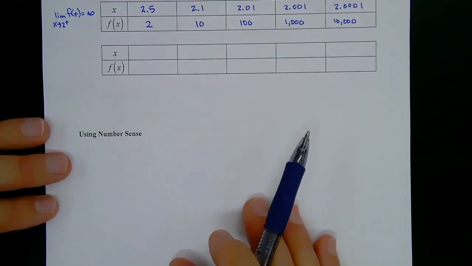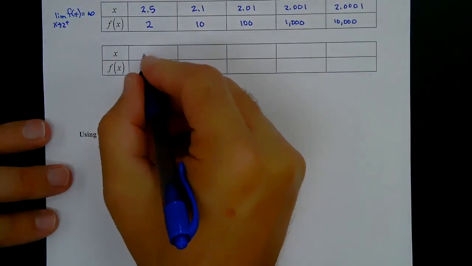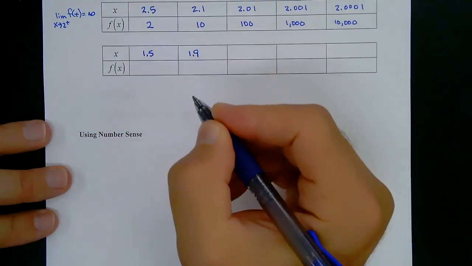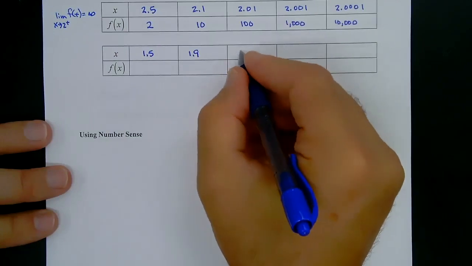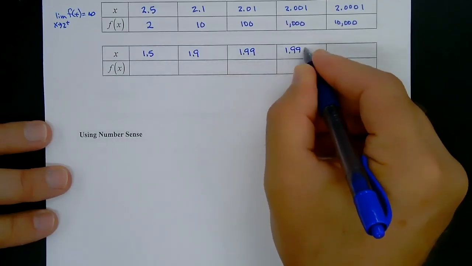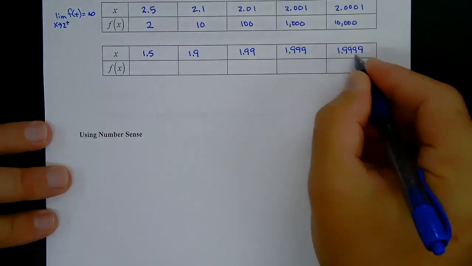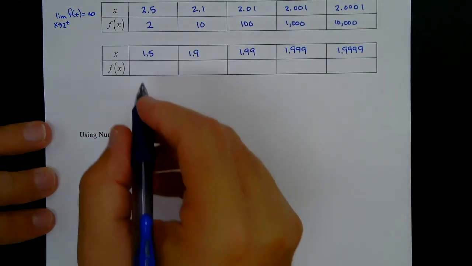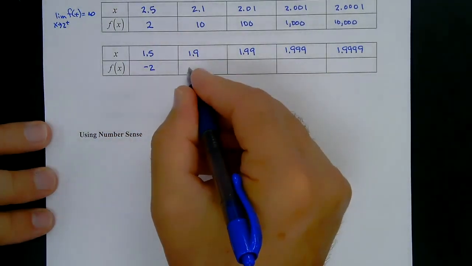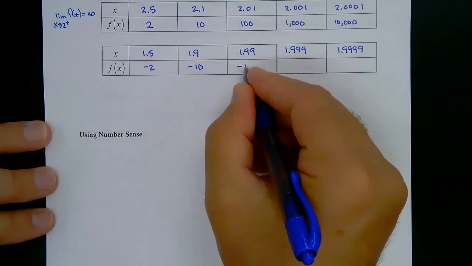Okay, let's make x go to 2, but from the left side. So that would be something like this: 1.5, 1.9, 1.99, 1.999, and then 1.9999. Usually 4 places is enough, okay? At 1.5, it's -2. At 1.9, it's -10. 1.99, it's -100.